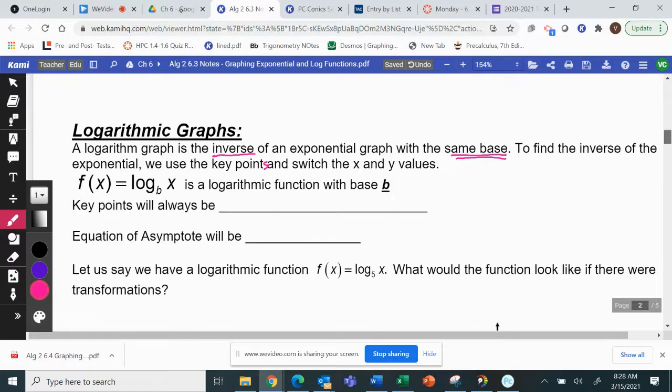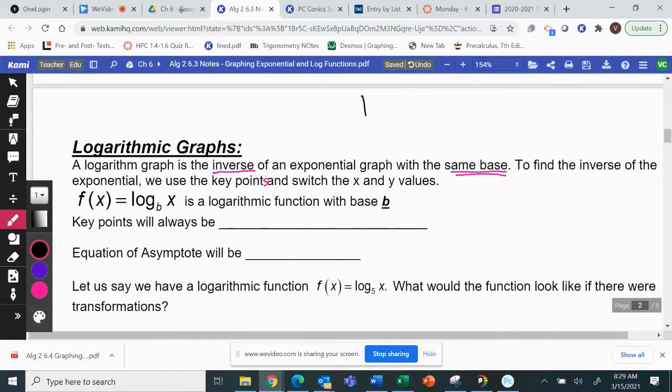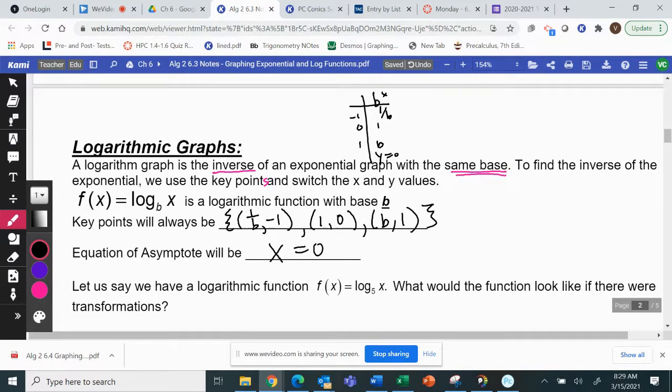Remember on the previous page, when we had b to the x, we did -1, 0, 1, and we had 1 over b, 1, and b. So now our logarithmic key points are going to be (1/b, -1), (1, 0), and (b, 1). Our asymptote is going to switch as well, x equals 0. And that's what we do for any base.